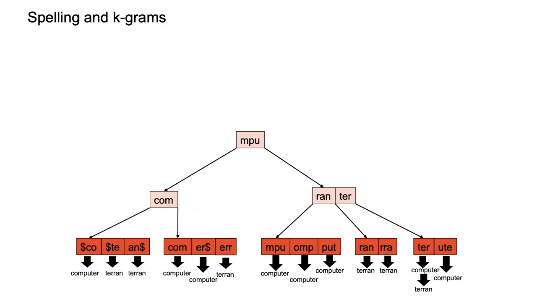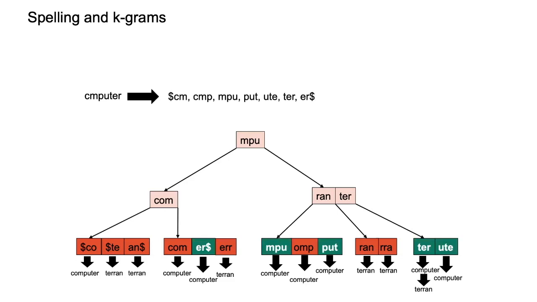But the good news is we have this index. Remember, this is an index we've already built in the context of wildcard queries. So that's the k-gram index, and we can actually use that index. So for example, computer, here, we can look for the k-grams that are in there. So these are the k-grams of my misspelled word, and then I look up each one of the k-grams, and then I find the words that appear the most often.